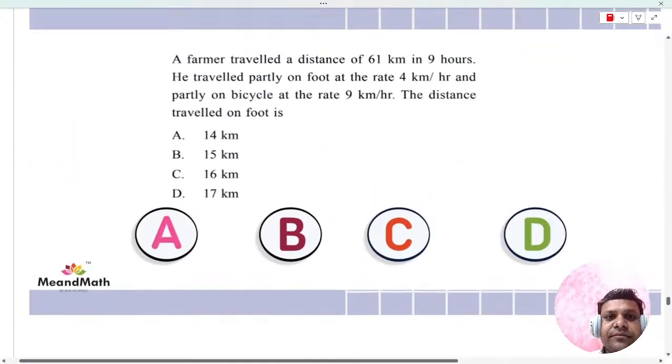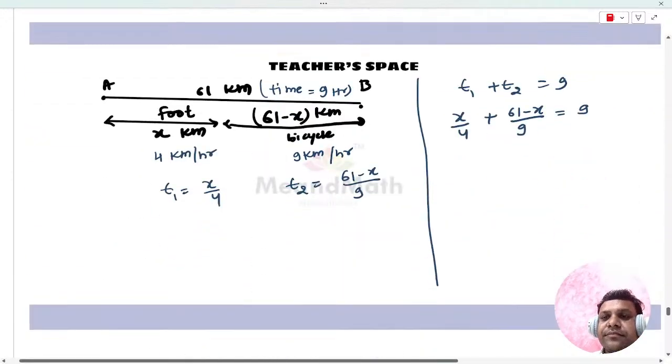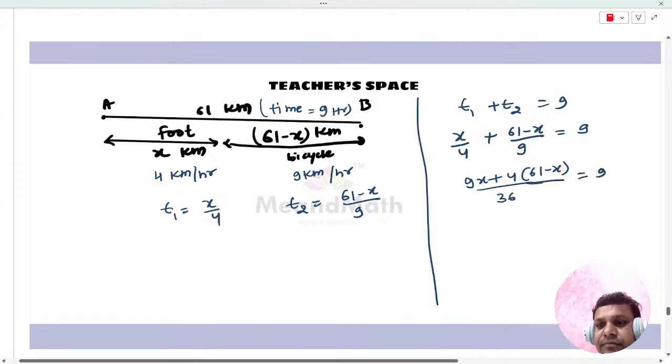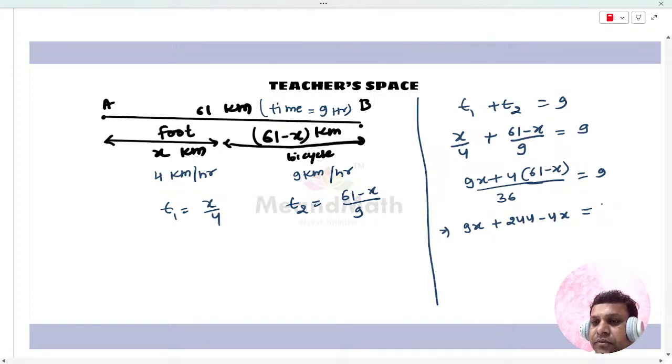Okay? Yes. Now take the LCM. 36 is the LCM. So 9x plus 4 times (61 minus x) is equal to 9 times 36. If you cross multiply, 9x plus 244 minus 4x is equal to... no, it's not 144.